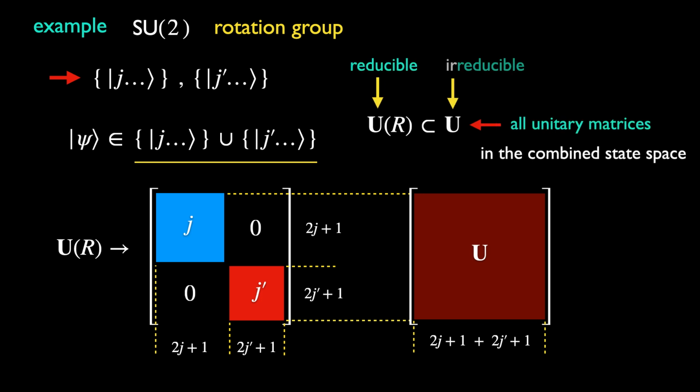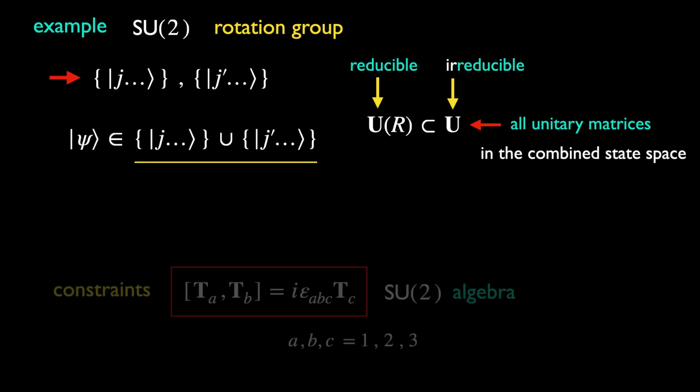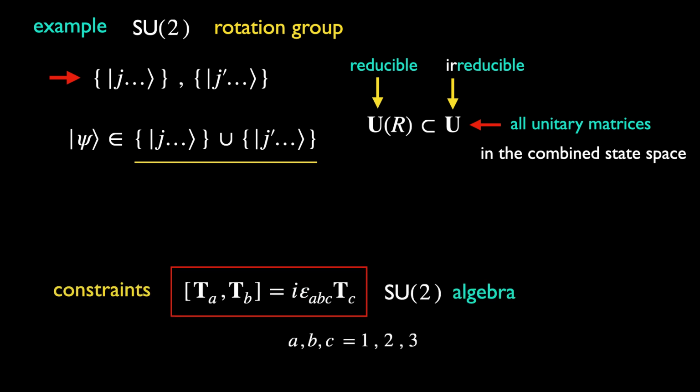They only need to satisfy unitarity, without any additional constraints. The constraints that picked out the matrices U_R from the entire set of U is precisely the SU2 algebra that has to be satisfied by its generators.